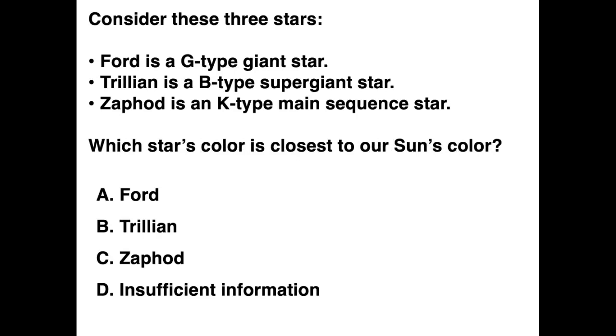Which star's color is closest to the sun? What type of star, what color, what temperature, what spectral type is the sun? Our sun's a G-type. So the G-type star is the one to choose.